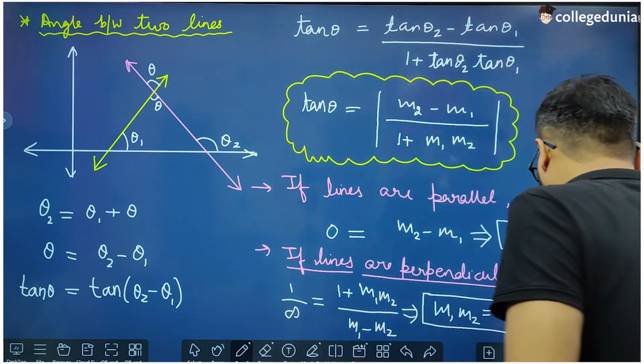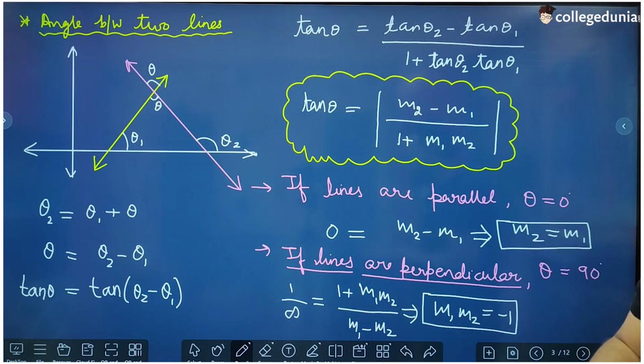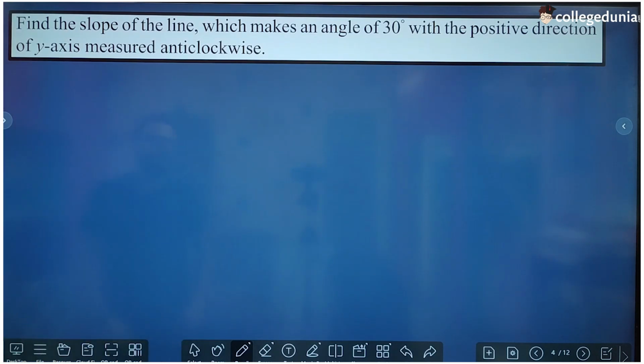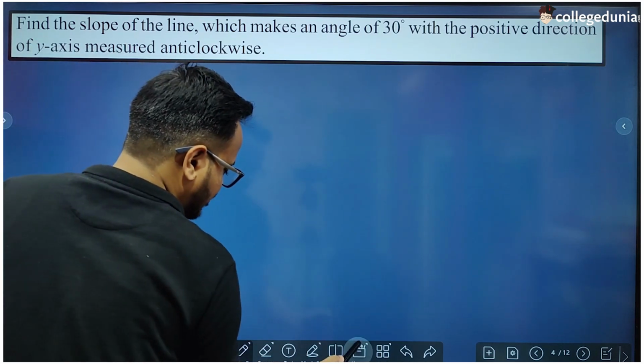Now let us take some questions from NCERT textbook based on all these concepts that we have studied so far. Find the slope of the line which makes an angle of 30 degrees with positive direction of y-axis measured anti-clockwise.